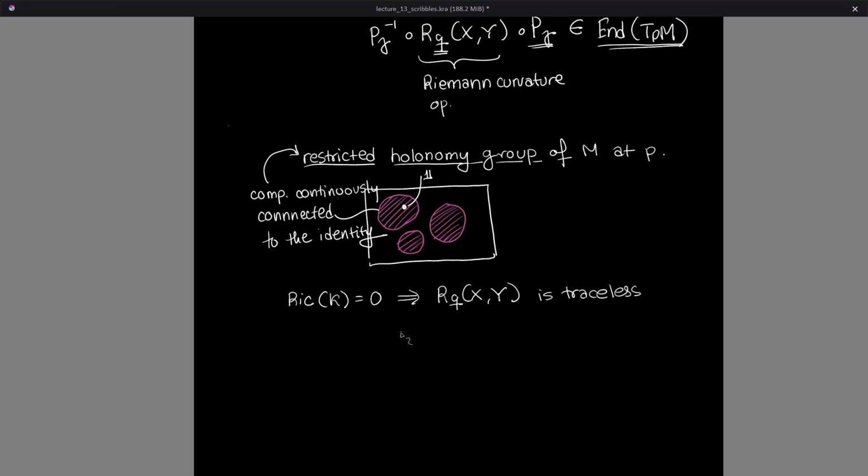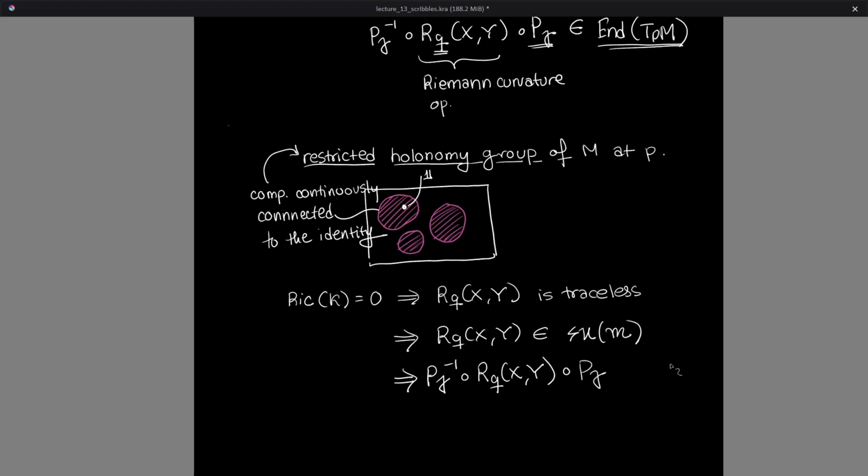Traceless operators are what form the Lie algebra little su(n). So R_Q(X,Y) is an element of the Lie algebra su(n), but we also know that P_γ^{-1} and P_γ do not affect the group; they keep it invariant. So this means that this is also an element of this Lie algebra.